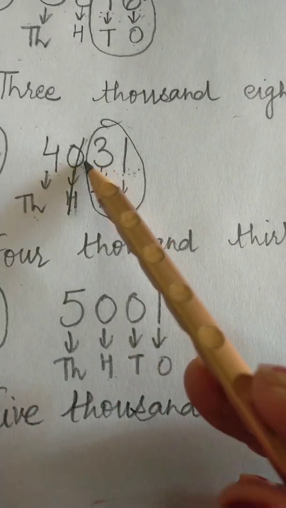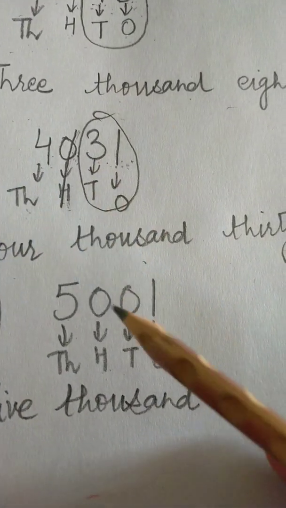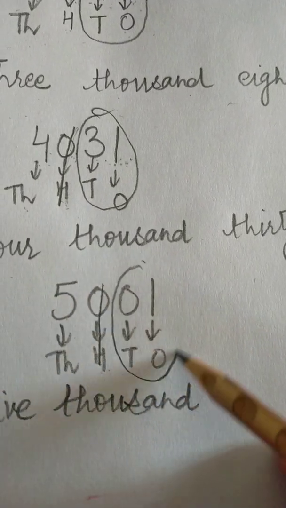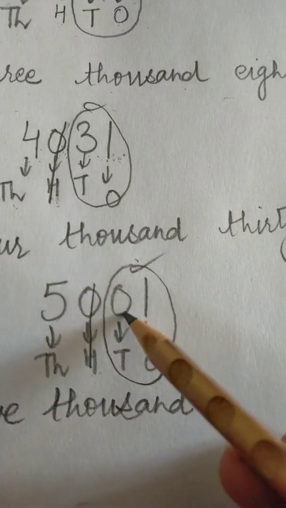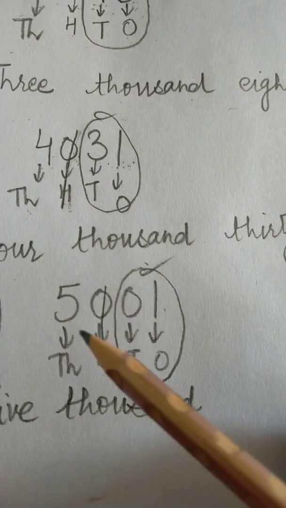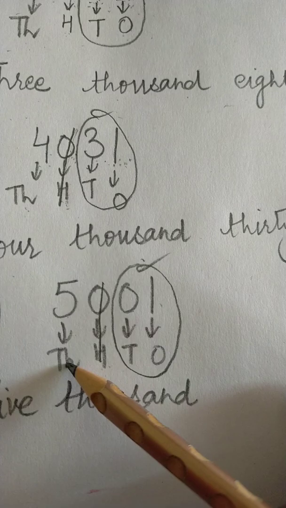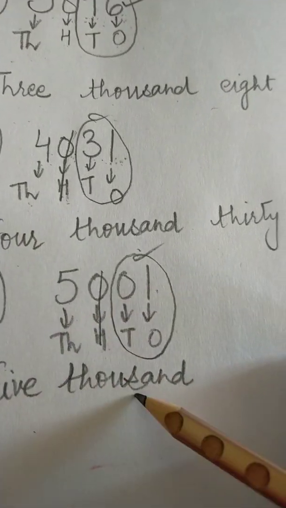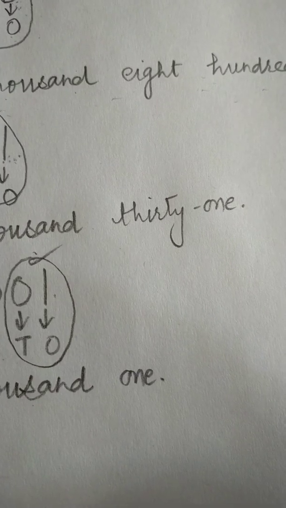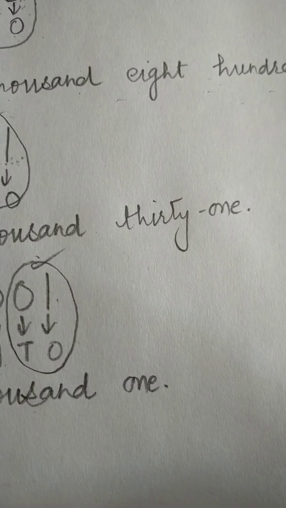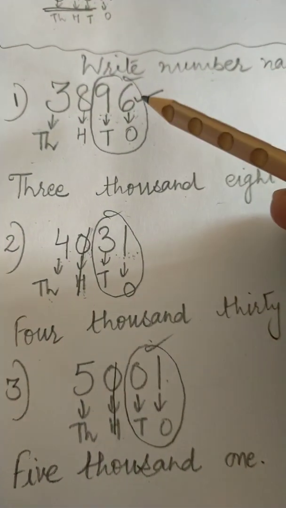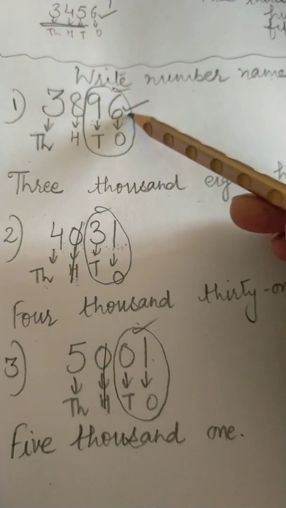As earlier I told you, no need to write 0 hundred, so we will not write this. These will become together because these are the best friends. 0 1 means 1. So here we will write 5001.